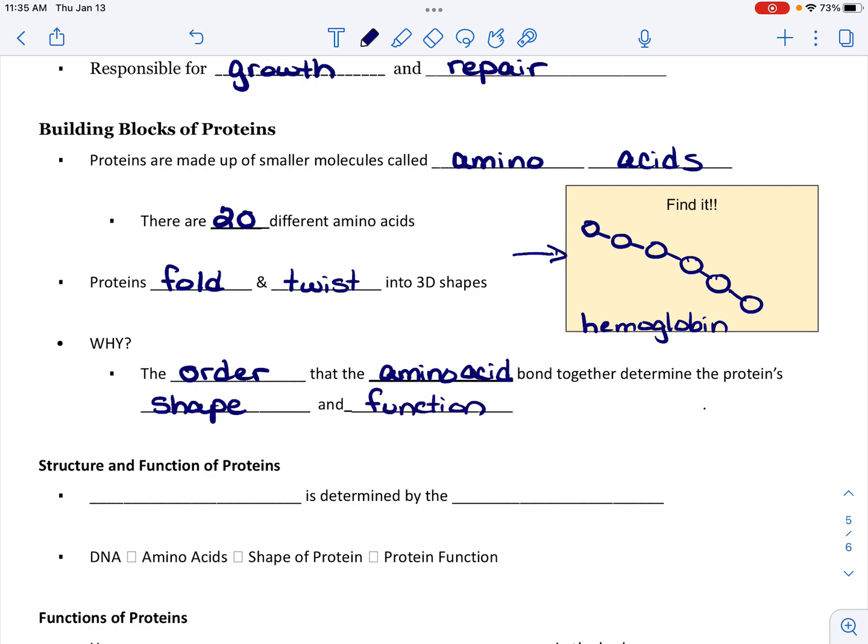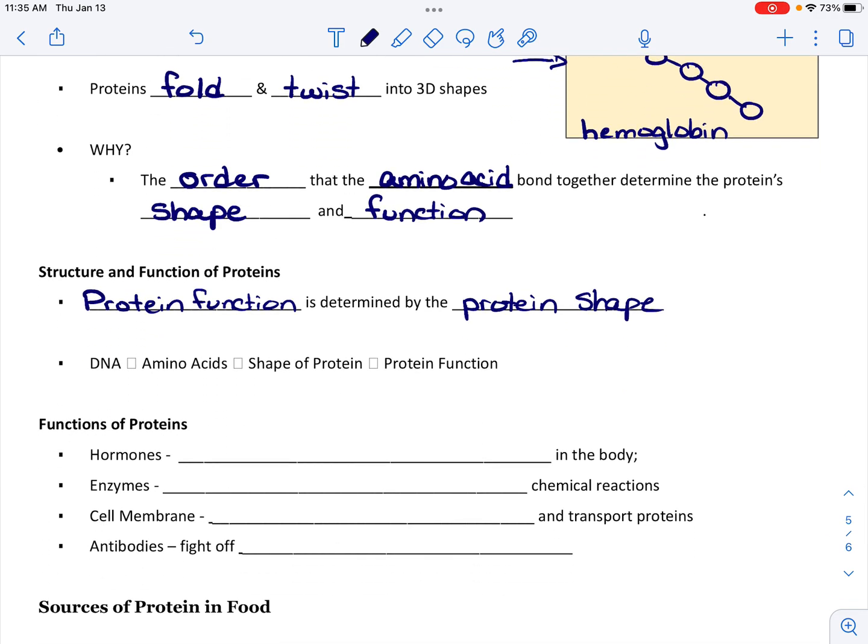I want you to realize that the protein function is determined by the protein shape. I don't know why my arrows always get cut off on these, so there should be arrows between these, or you could just do one straight arrow underneath it to realize that the DNA from mom and dad that you got determine what amino acids are put together, which then determines what proteins are made.